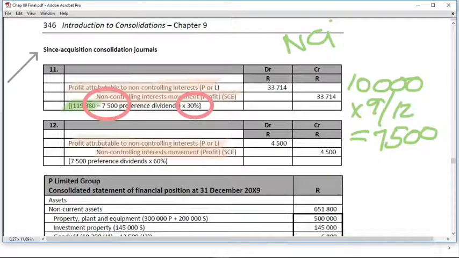And that 7,500 that you've just removed from the profit also needs to be attributed, but based on the preference share percentage holding. So now the 7,500 is attributable to the preference shareholders at their 60% percentage holding.